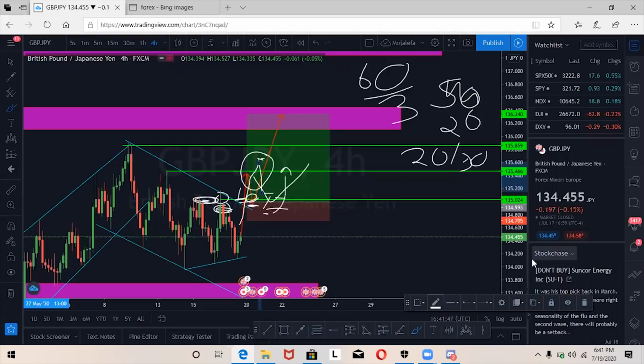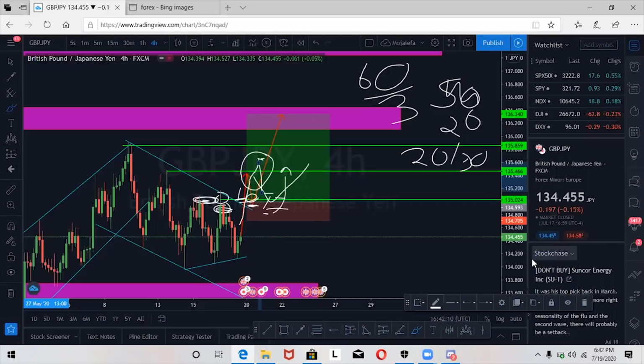So as for how to trade the news, number one, you need to know that trading the news is very dangerous. No matter what, it's very dangerous. Number two, there's a big movement within a few minutes or seconds.